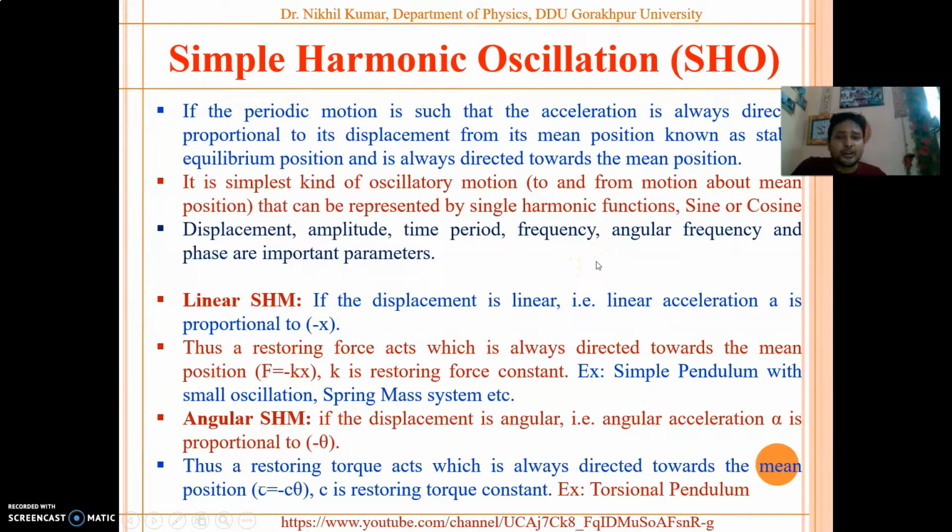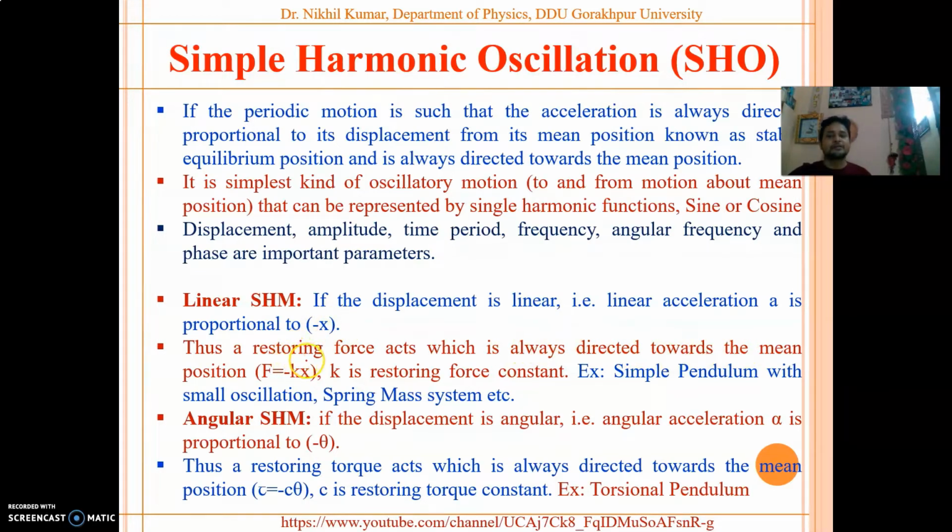So a simple harmonic motion can be divided into two parts: linear simple harmonic motion or angular SHM. If the displacement is linear, that is linear acceleration a is proportional to minus x, then SHM is known as linear SHM. In that case, the restoring force acts, which is always directed towards the mean position.